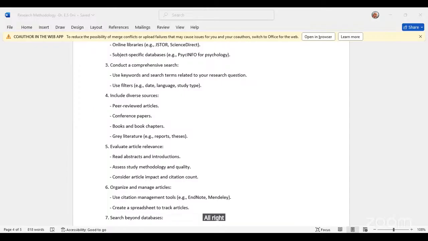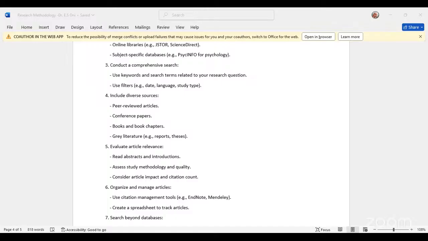When we are citing a magazine, you write Wolfson, E., the year. If it is a magazine, you must put the month: Wolfson, 2014, November 5.